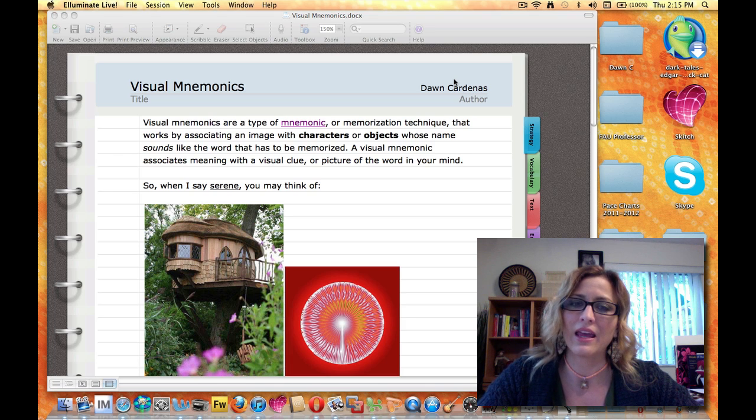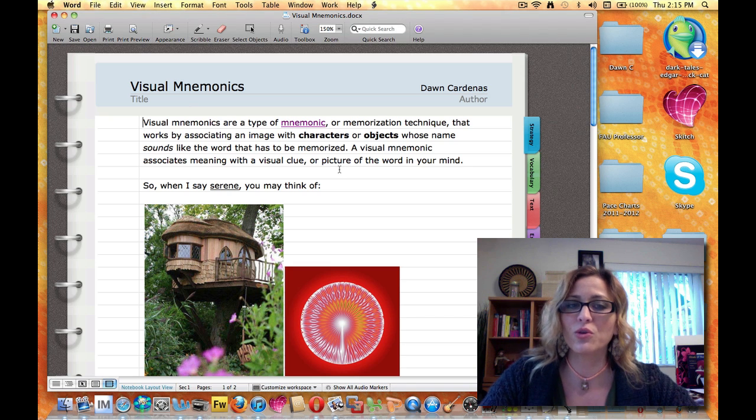But what I like is for you to transfer that meaning personally using a more powerful picture and a more powerful memory technique. So if you hear me say visual mnemonic, I want you to picture a real picture in your mind.